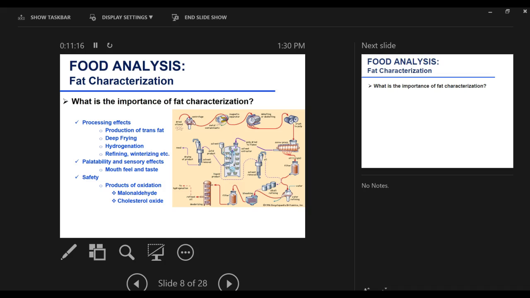So hydrolytic rancidity can very well lead to oxidative rancidity, given that free fatty acids are oxidized faster than if they are in the triglycerides. And the more polyunsaturation you have, the more prone to oxidation your fat is. The more saturated the fat, the less prone it is to oxidation, because oxidation attacks double bonds.